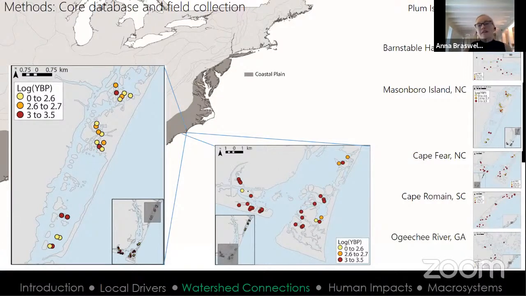A good example of this would be the Cape Fear River in North Carolina, which is a really river dominated system, and Masonboro Island, very near the Cape Fear, which is more of a barrier island system. So one is more marine dominated and one is more river dominated. And we also used the same variables that we were using in the core database to try to understand the patterns that we saw across these field sites.